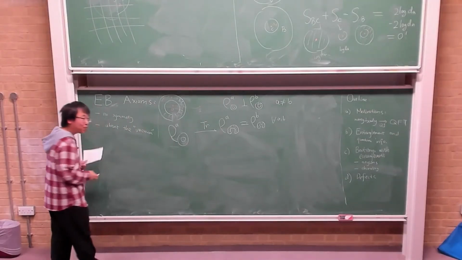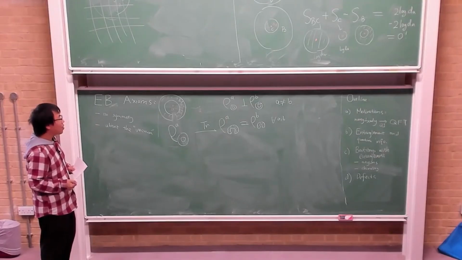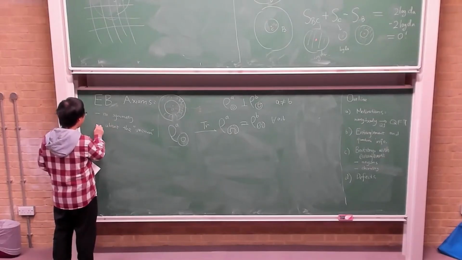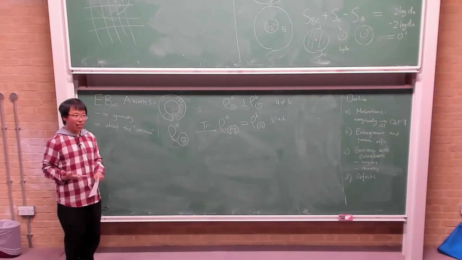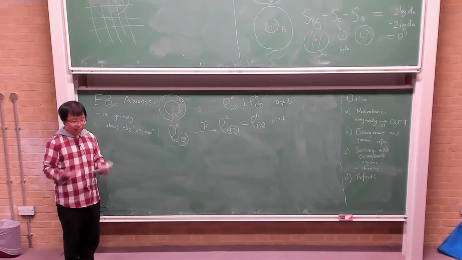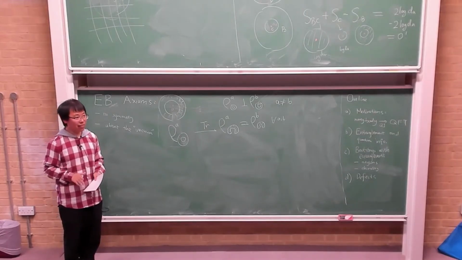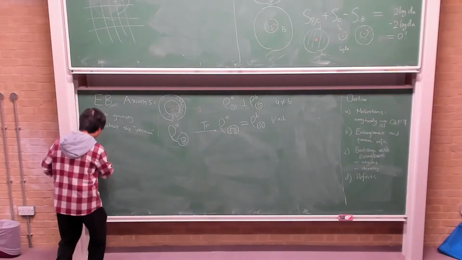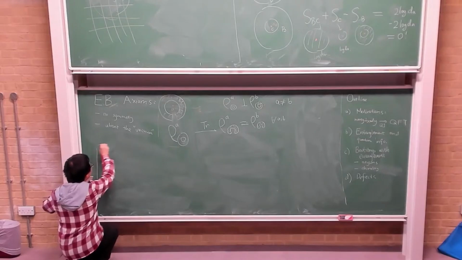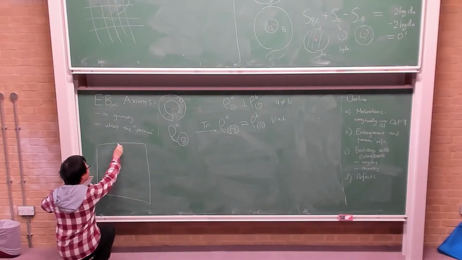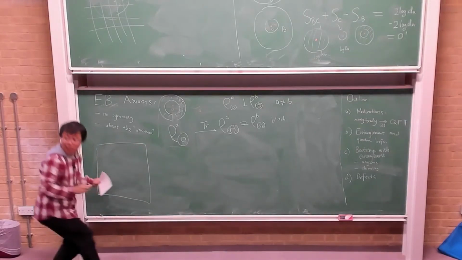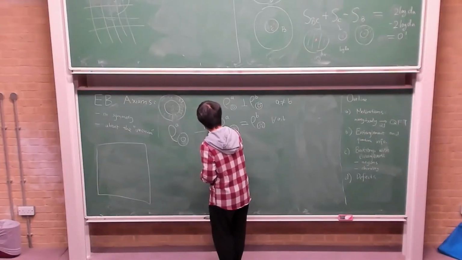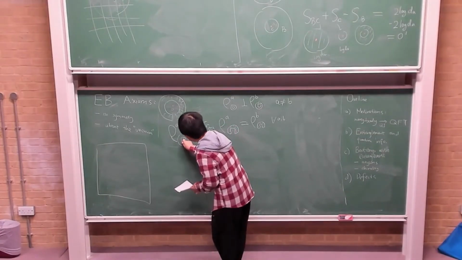What are the axioms? The axioms of entanglement bootstrap are conditions on the vacuum state. I take a many-body wave function, and this is what I trace out.